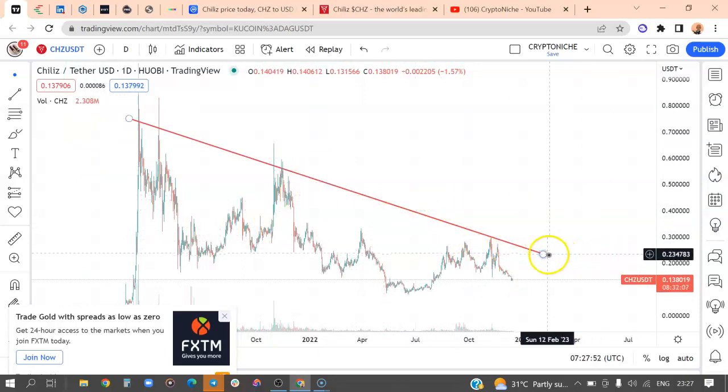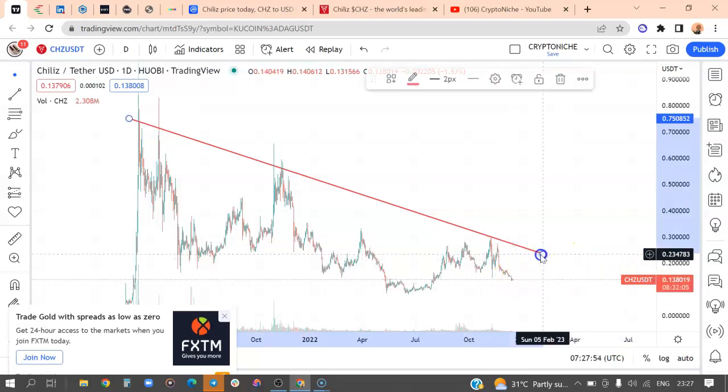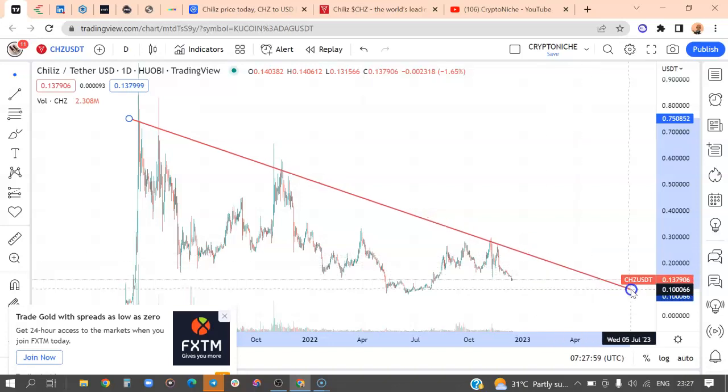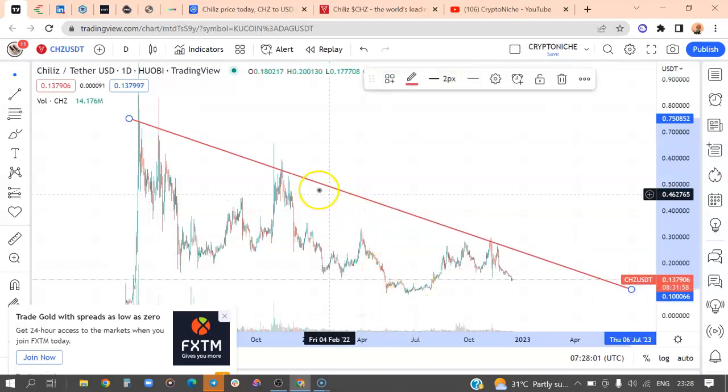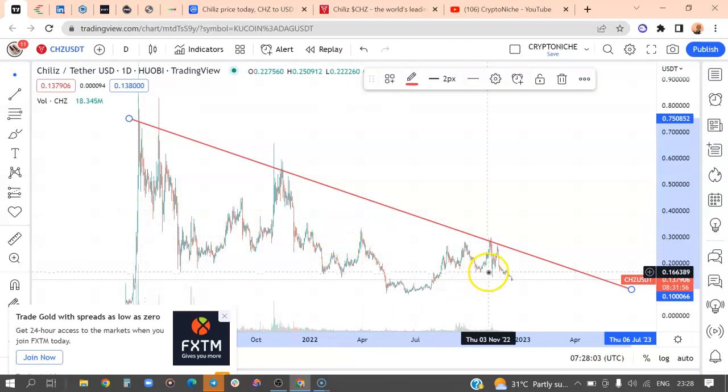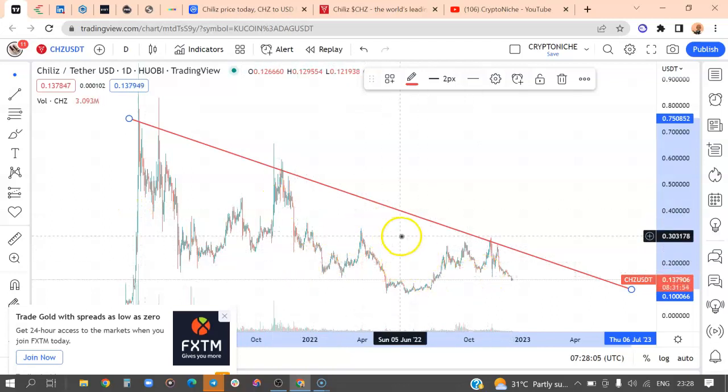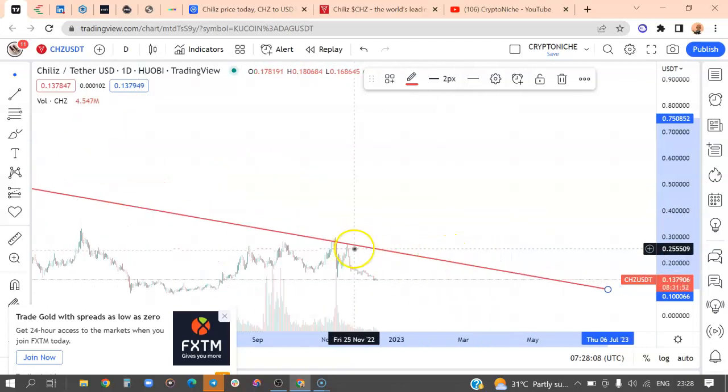So the fact that it is bearish on this time frame, what should you look out for? I'm going to extend this a bit. Where are the major supports in recent times? That's another thing you have to pay attention to.